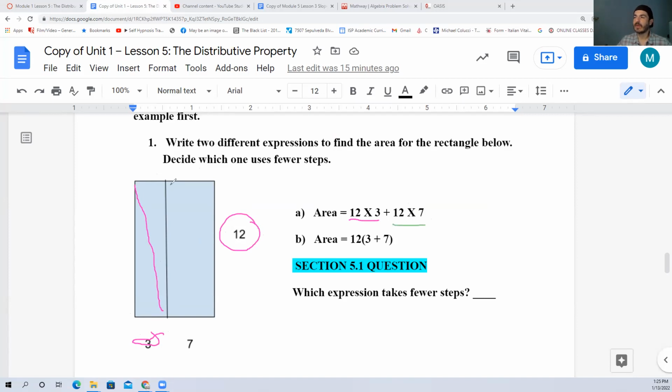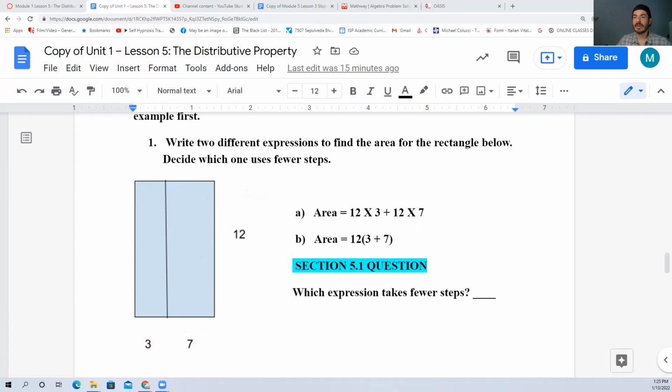This represents this area here. 12 times 7, right? So all those little boxes, like we broke up that candy bar a second ago, there would be 12 times 7 is 84 of them in here and 36 of them in here. 12 times 7 and 12 times 3 respectively.